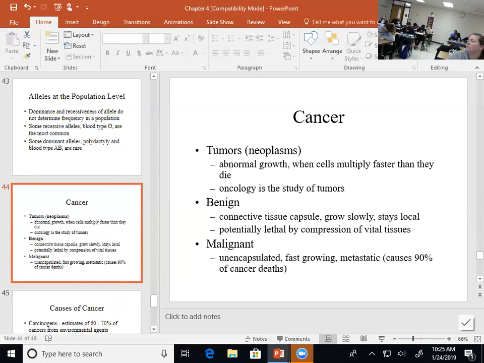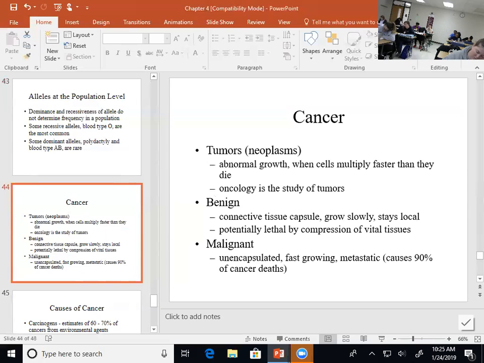Now, malignant tumors are very different. When you think about malignant tumors, being unencapsulated means that it's not contained. Remember, all our cells are working together, right? The cells can slough off, and when they do, can they move to a different location?